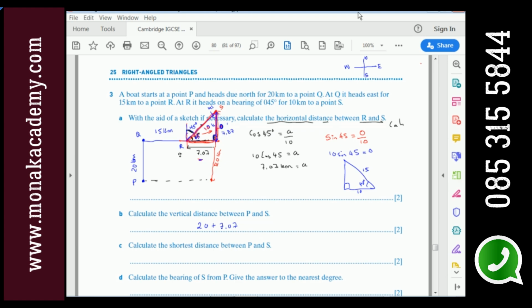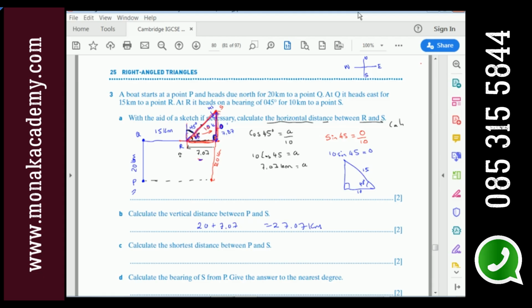Talk to me. Calculate the shortest distance between P and S. Okay? P is here at the beginning.